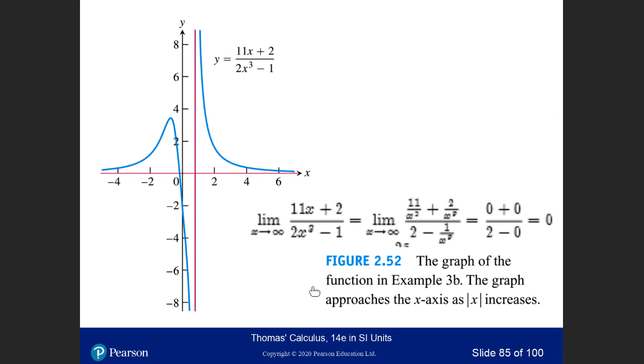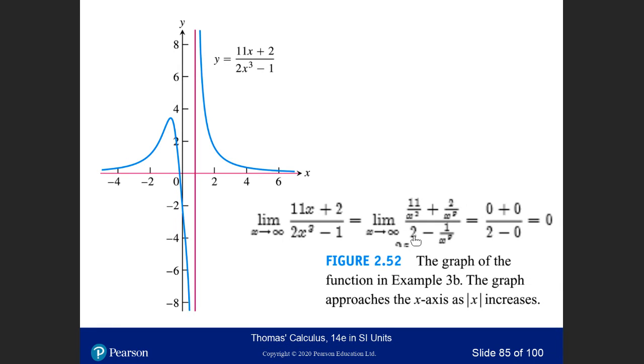If we continue, let's look at this function: (11x plus 2) divided by (2x cubed minus 1). Okay, now I can divide both the numerator and denominator by x to the power 3. So I'll have here in the numerator 11 over x squared and 2 over x cubed.